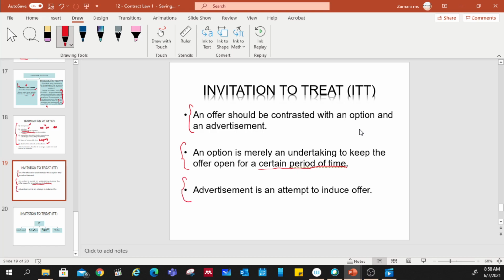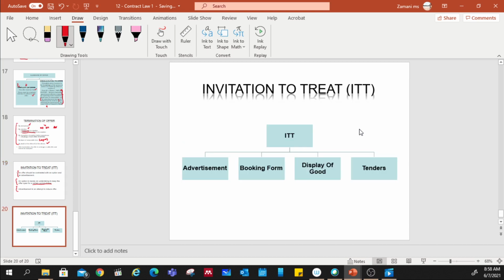So this is the invitation to treat. How do you invite somebody to make an offer? You can go for the advertisement. You can use the booking form, display of the goods, or the tender.